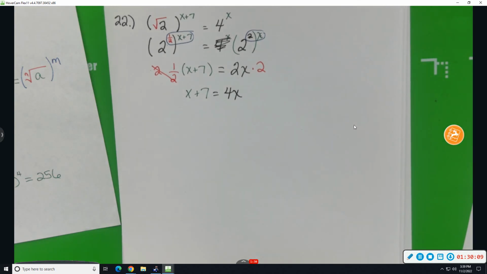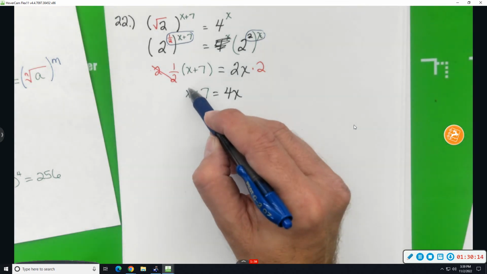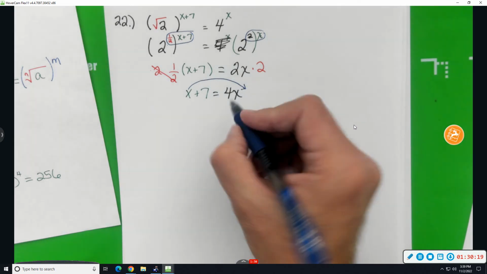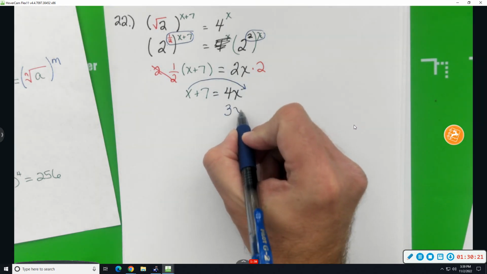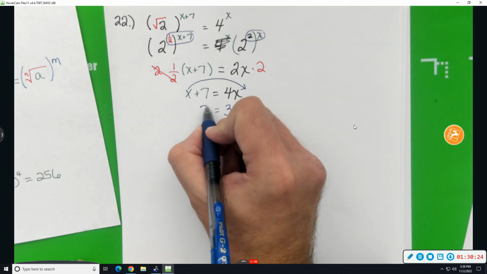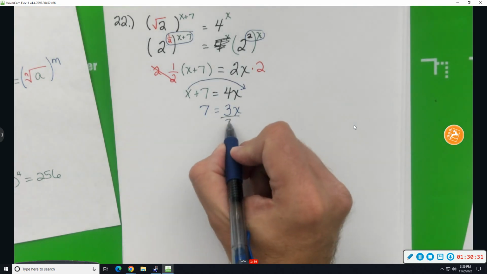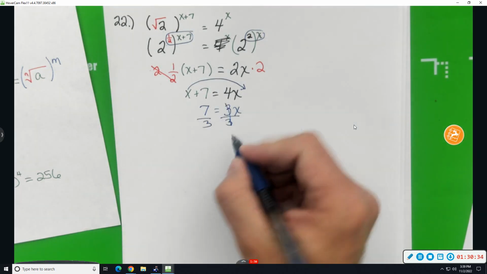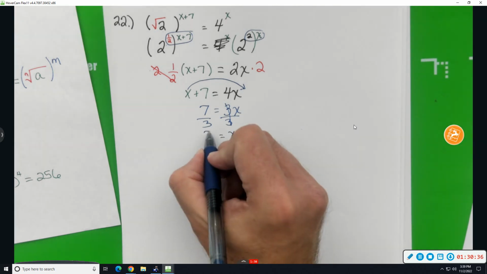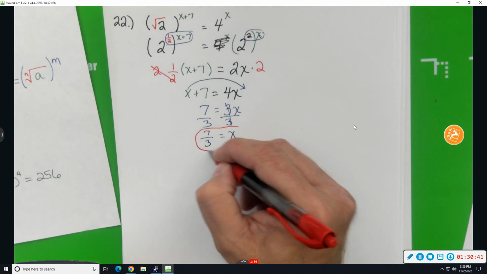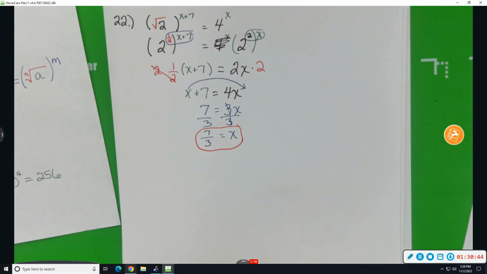And how would y'all solve this thing for x? Good. Move that x over. So 4x minus 1x gives me a 3x on the right, a 7 on the left. Divide both sides by 3 to get 7/3. That is right. So 7/3.